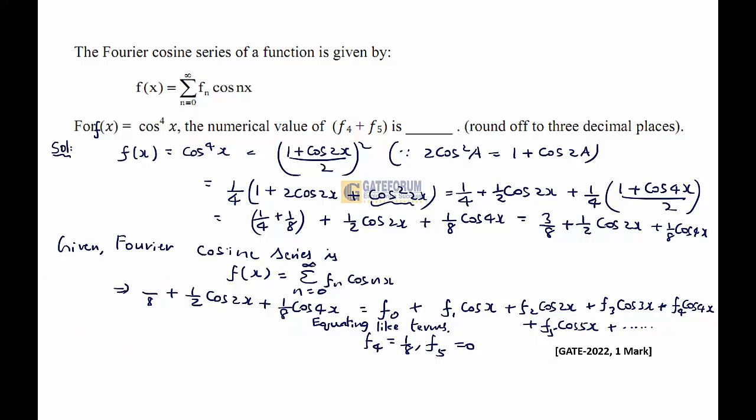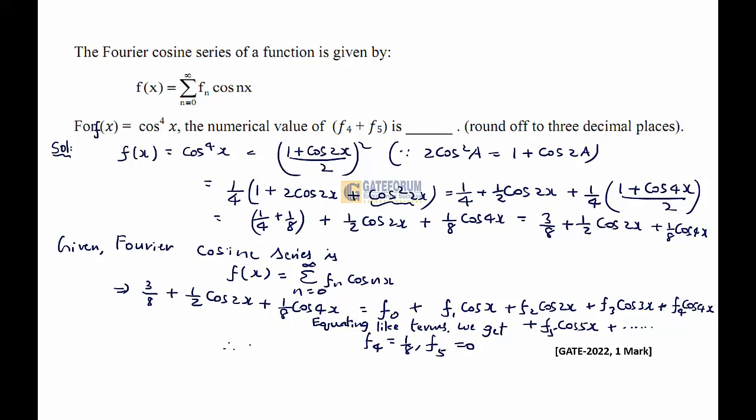So equating like terms, we get: the cos 4x coefficient is 1 by 8. Here the cos 4x coefficient is f4, and on the right side the cos 5x coefficient is f5. Here it was absent, so I can write 0. Remaining all terms are 0.